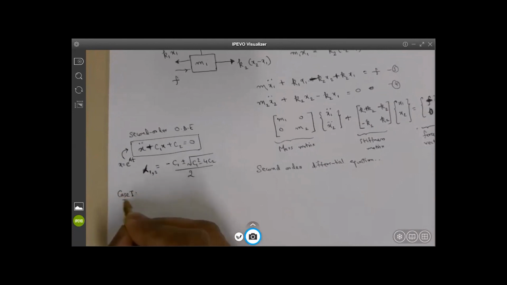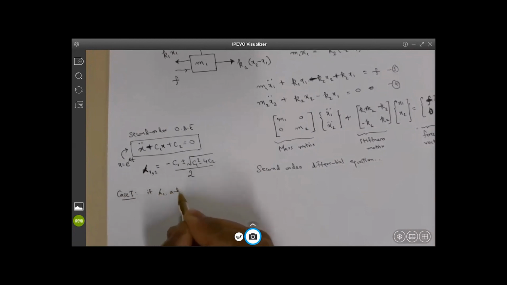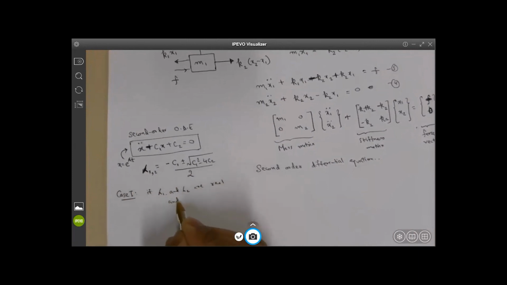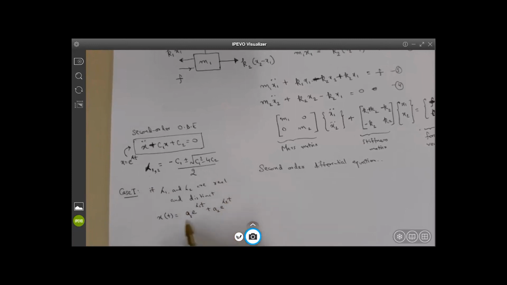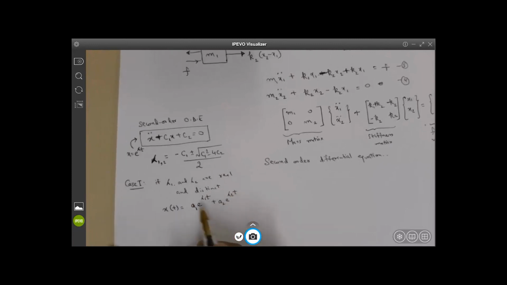Case 1: if lambda 1 and lambda 2 are real and distinct, then the solution is a1 e to the lambda 1 t plus a2 e to the lambda 2 t, where a1 and a2 are unknown constants which will be obtained using the initial conditions.